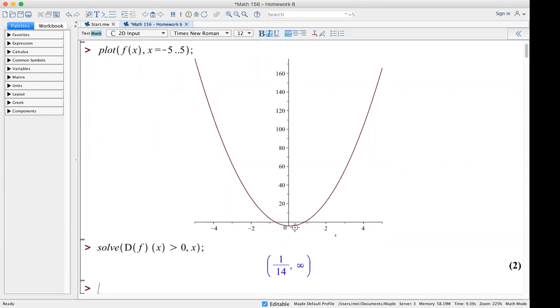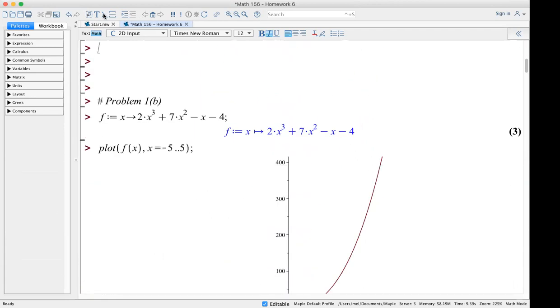From 1/14 to infinity. So we could make the comment, f(x) is increasing on this interval above. That's where the derivative is positive.